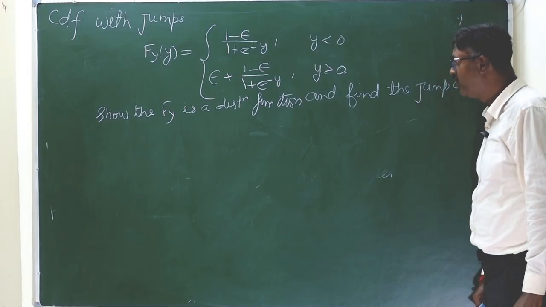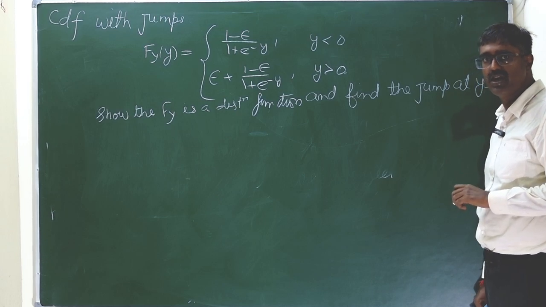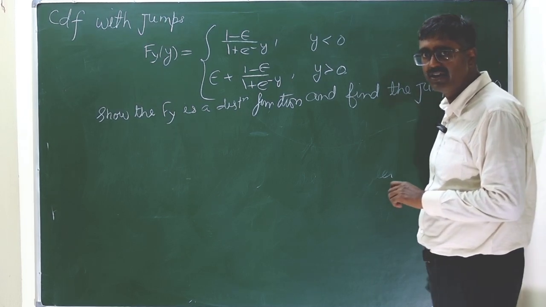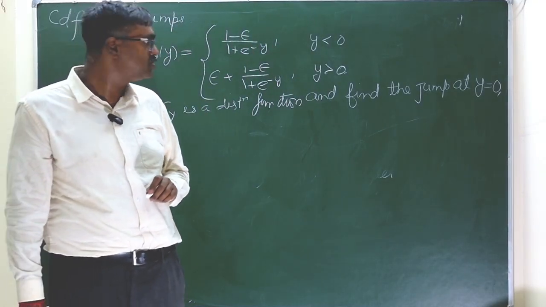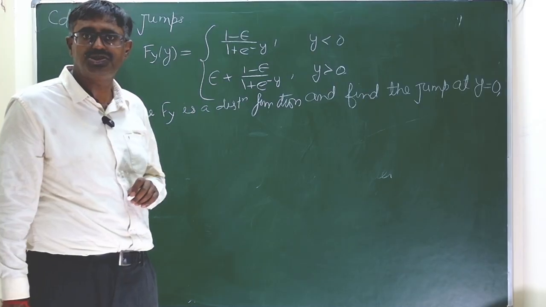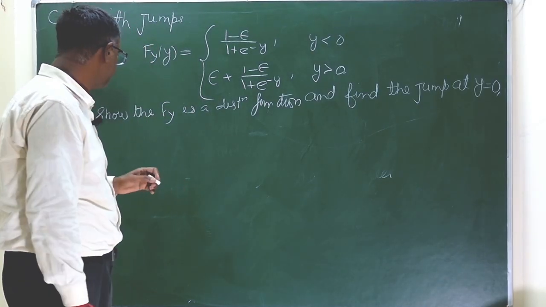So we are going to check whether this function is a distribution function or not, and then thereafter we will check the properties of the distribution function and we will also compute the jump at y equal to 0.